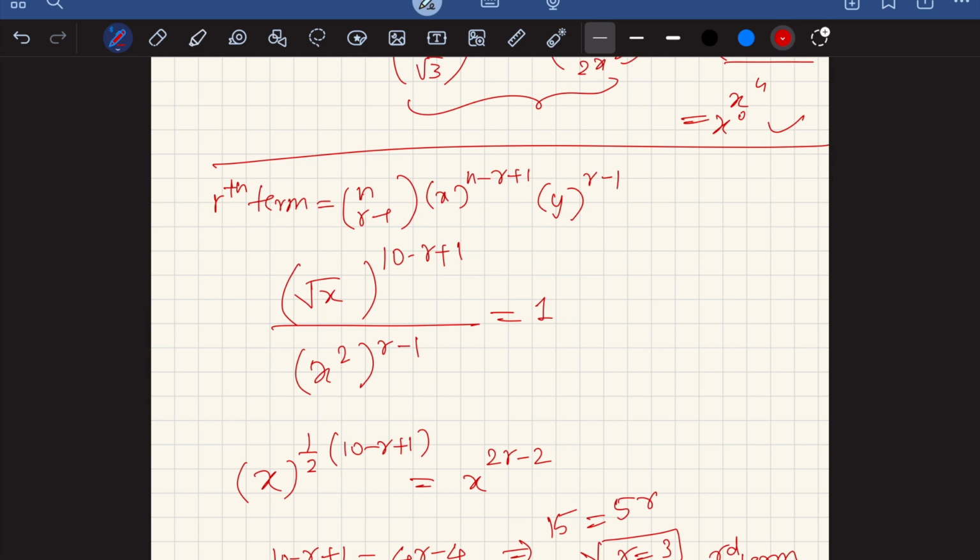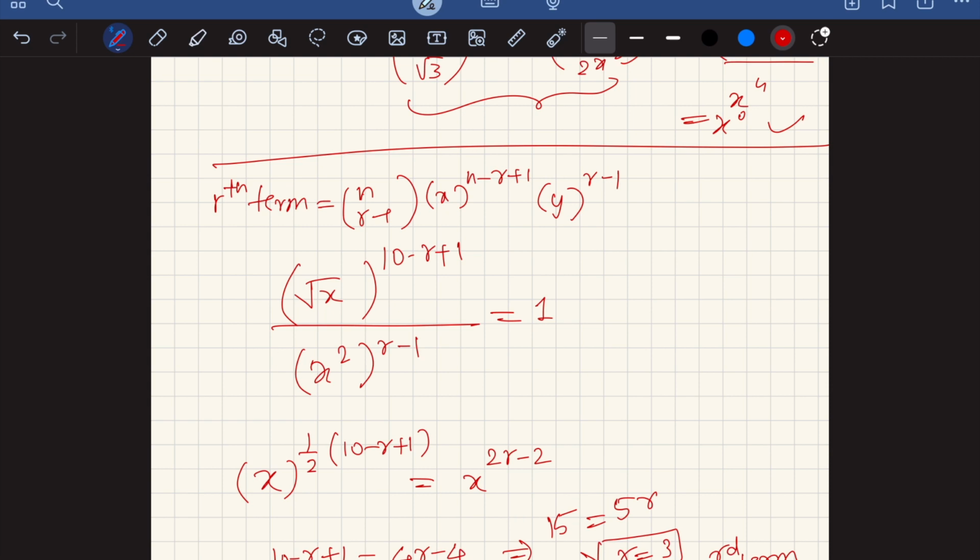Okay, coming back to this, what we want is the coefficient of x to be 0 so that the term is independent of x. I'm just looking at the x terms right now: x to the 10 minus r plus 1 divided by x to the 2r minus 2, and we want this to be 1.